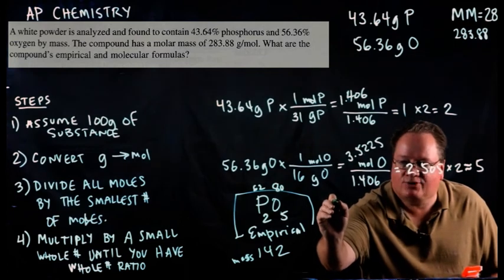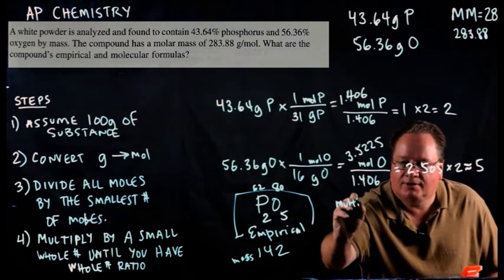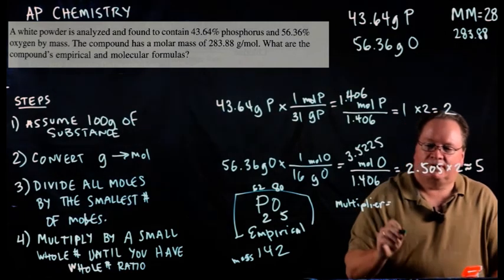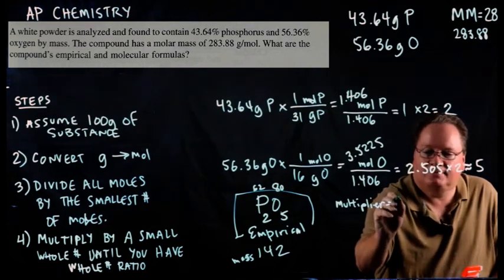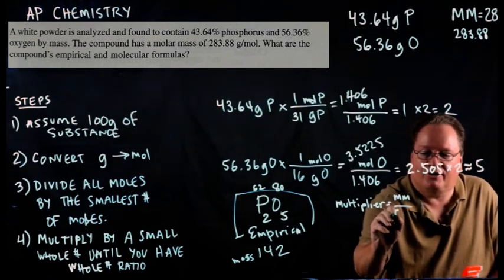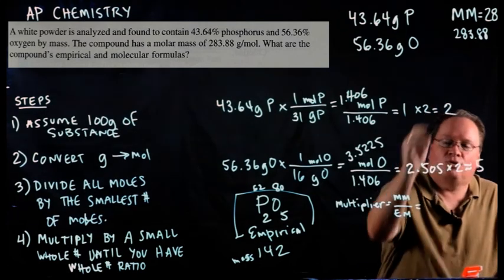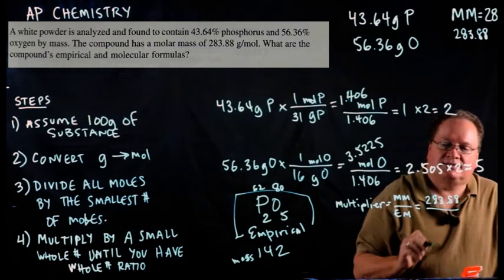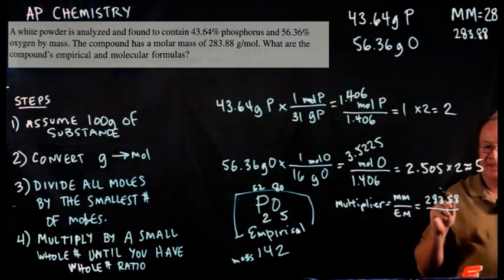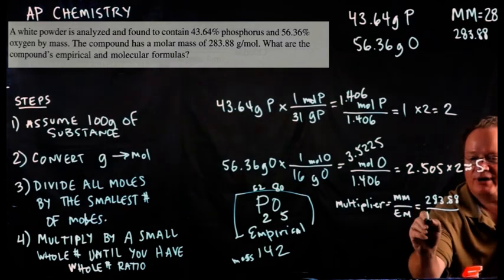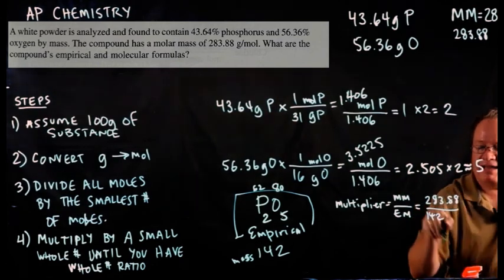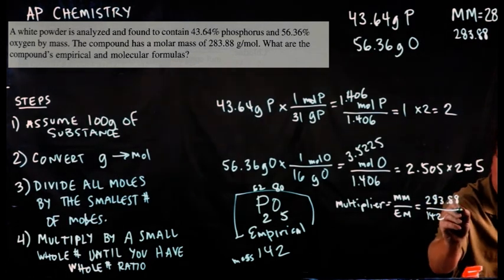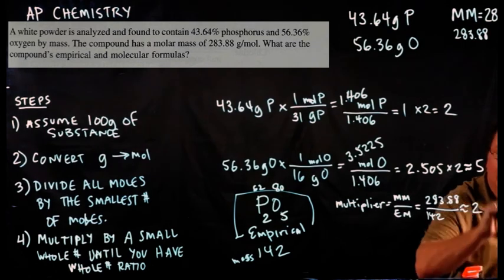So just like the last question, your multiplier is simply going to be equal to your molar mass over your empirical mass, or 283.88 divided by 142. Now, I can tell just by looking at this, if I doubled 142, I get 284. So my multiplier has to be a 2 here.